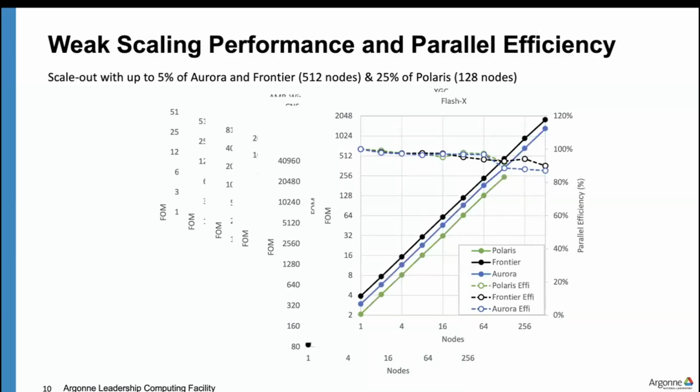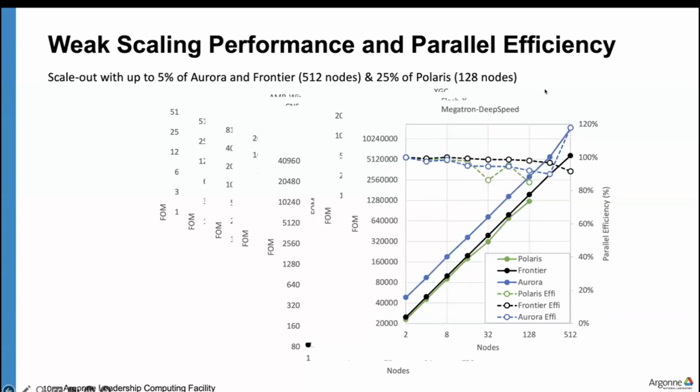Then for the FlashX application, the efficiency drop is pretty similar to each other. You may need to remember this chart because for FlashX we also tested strong scaling and saw some different efficiency drops, so we can discuss what happened in that case.